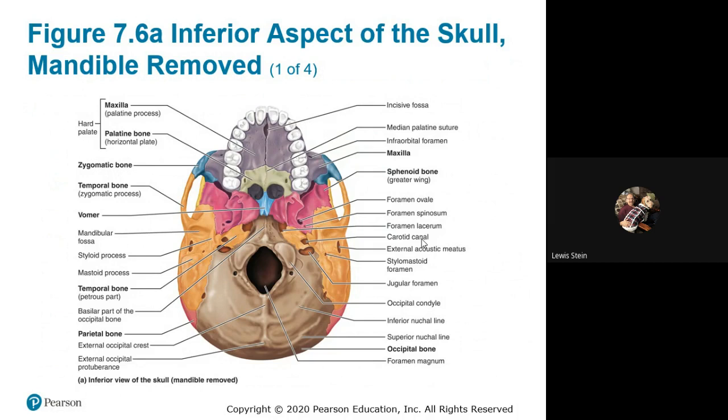Most of the time, arteries and veins have the same name, but we don't have a jugular artery. The mate to that is a very famous carotid artery, and while it's next to it, has a different name. So we have a carotid artery bringing blood to your brain, and the jugular vein bringing blood back to the heart. There aren't a lot of places where you have different names.